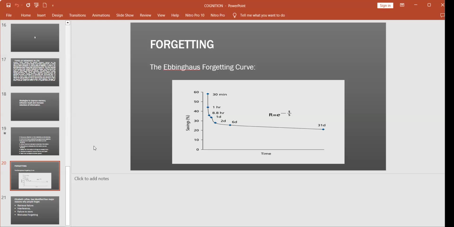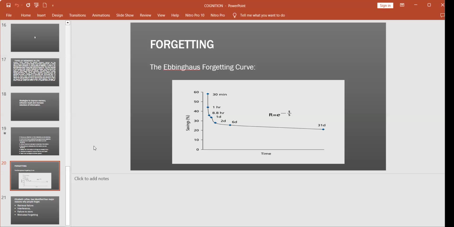In this research, he says forgetting can be connected with time. You can see the relationship between forgetting or remembering and time.